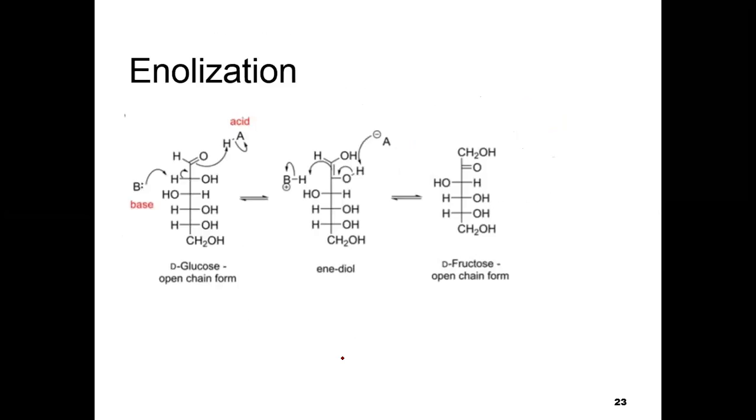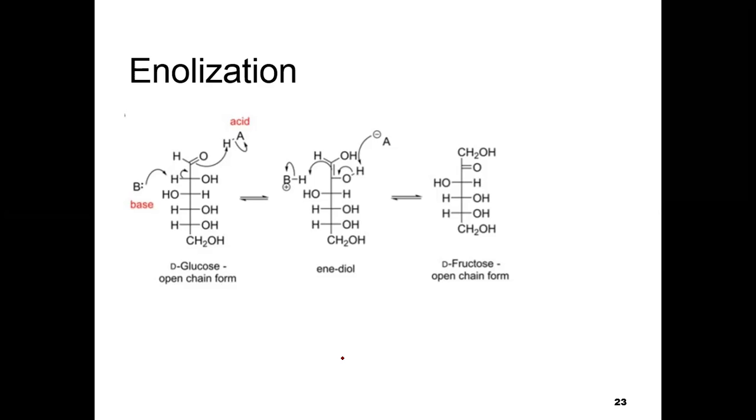The next process is enolization. Enolization is the process in which glucose, when treated with dilute alkalis, can be converted into several different forms.